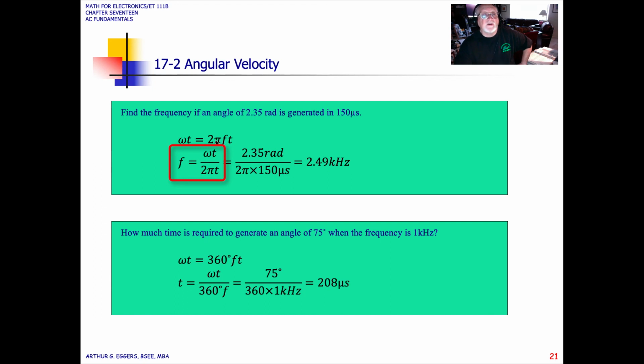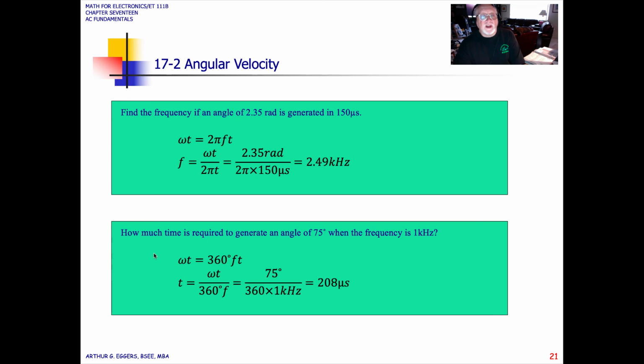In doing so, the 2 pi and the t end up in the denominator under omega t, and we can then insert our values. Omega t is 2.35 radians, and we divide that by 2 pi times 150 microseconds. We get 2.49 kilohertz.